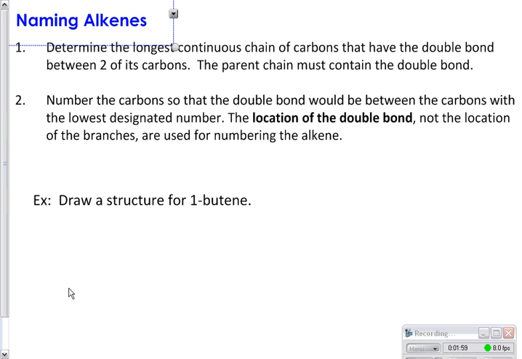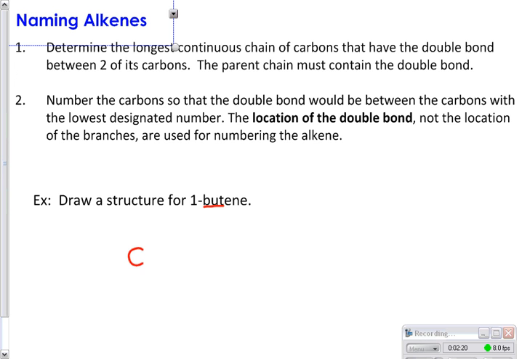Look at the first example I've given you, drawing a structure for 1-butene. If you want to try this one on your own, you could pause the video and then check and see if you are correct. First look at the prefix but-. Going from what we learned previously, but- means that there are 4 carbons.